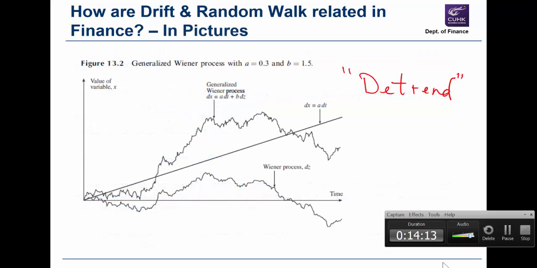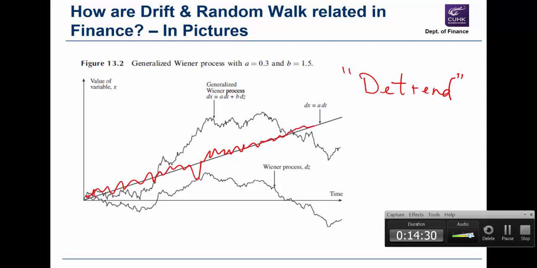So we went through that, and I said to you that one way to do this, when something is a sub-martingale, in other words, it is a martingale, but it's a martingale along a trend.